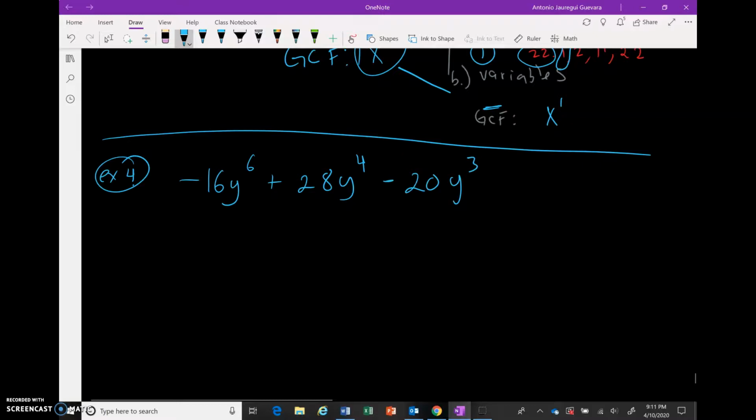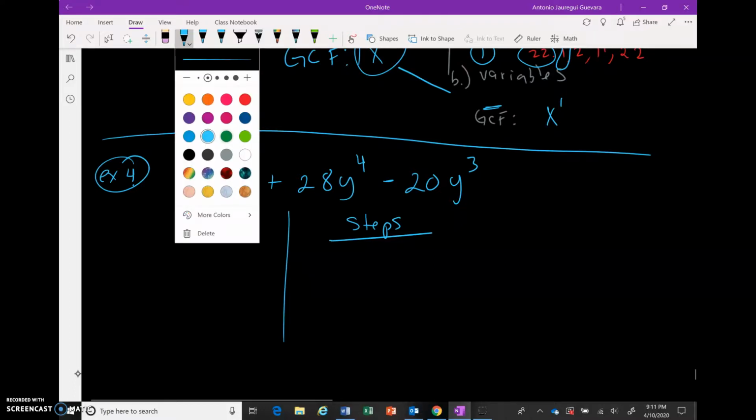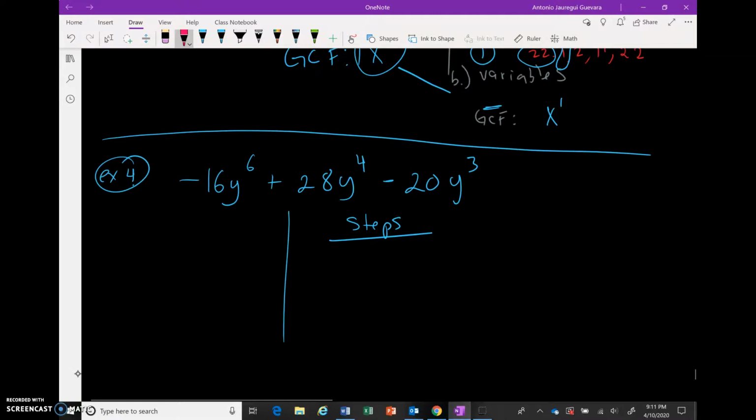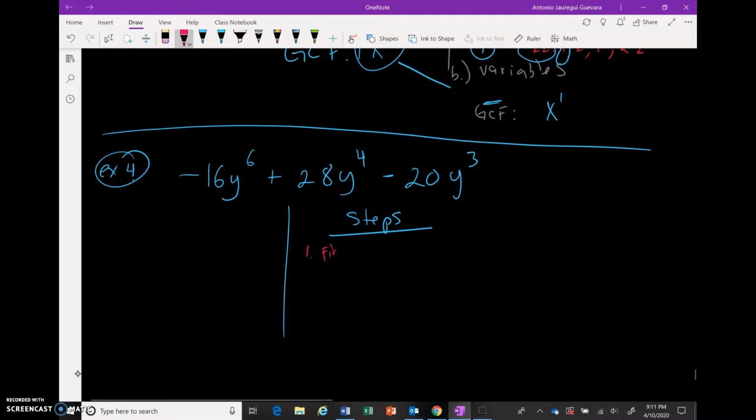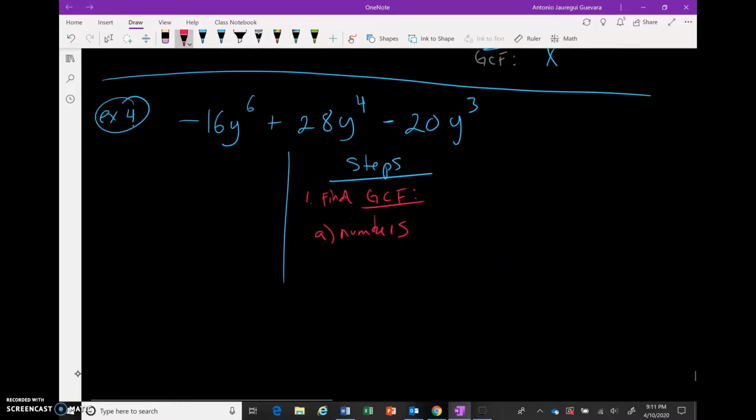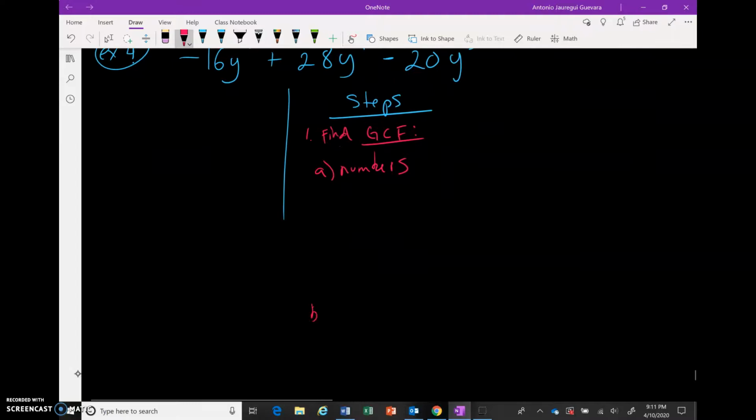Okay? So if I go ahead and do this, again, you can do steps if you want to, right? So step number 1: find the greatest common factor. You have to do it for the numbers, and again, you have to do it for the variables, right?